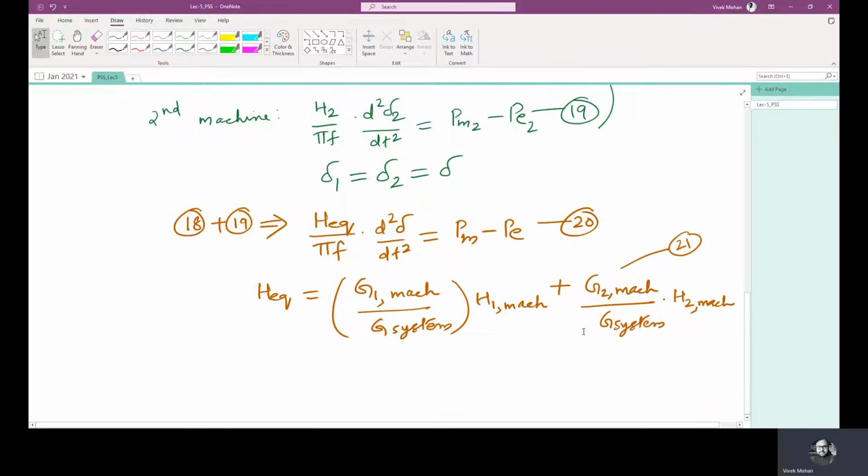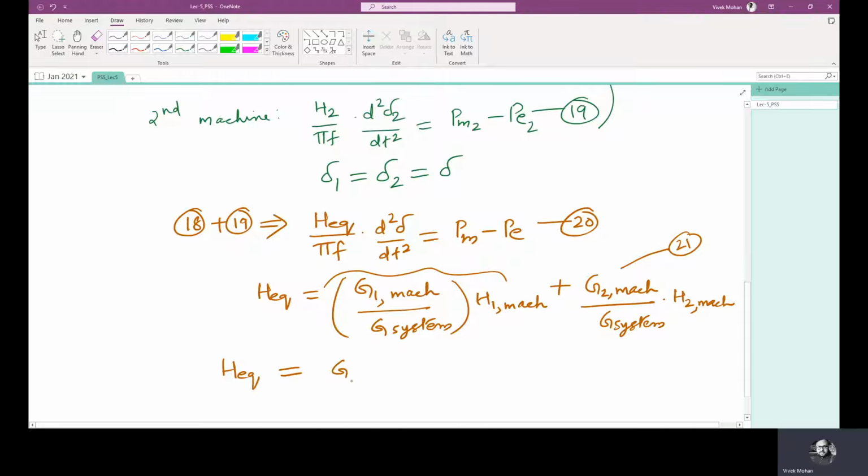Now if you have multiple machines with G1, H1, G2, H2, up to Gn, Hn, then H equivalent equals G1 H1 by G system plus G2 H2 by G system, that is G1 H1 plus G2 H2 by G system.